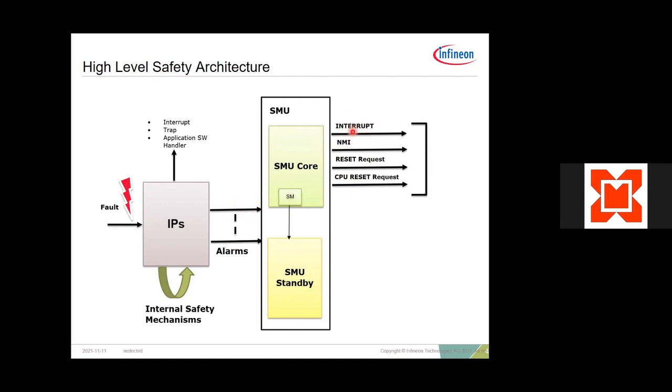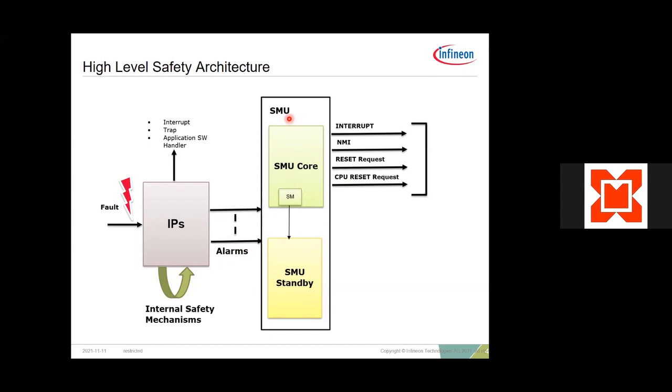The user can generate an interrupt, and when the interrupt is triggered, inside the interrupt service routine the user can take action and reach the safe state. The user can also opt to generate an NMI, a complete reset of the system, or just a CPU reset. So all these internal reactions are possible on the occurrence of alarms.